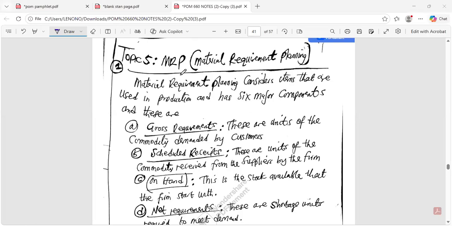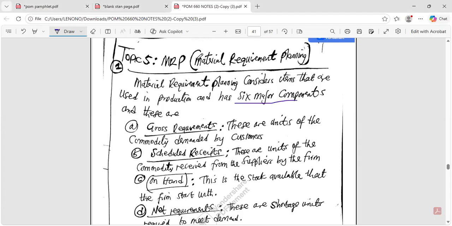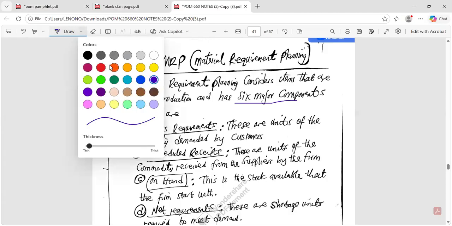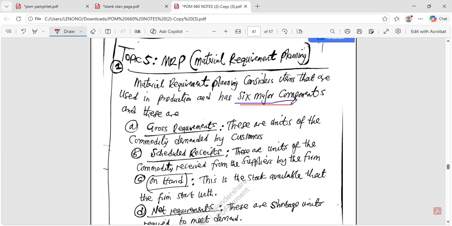So MRP is called material requirement planning. Okay, and this MRP has 6 components. So what are these 6 components? The first component is called the gross requirements.